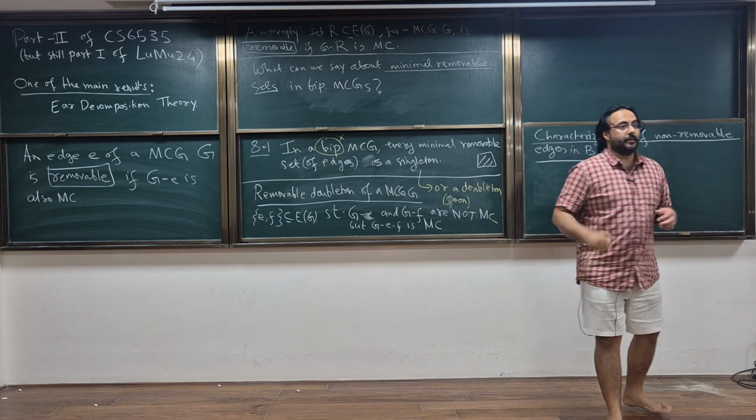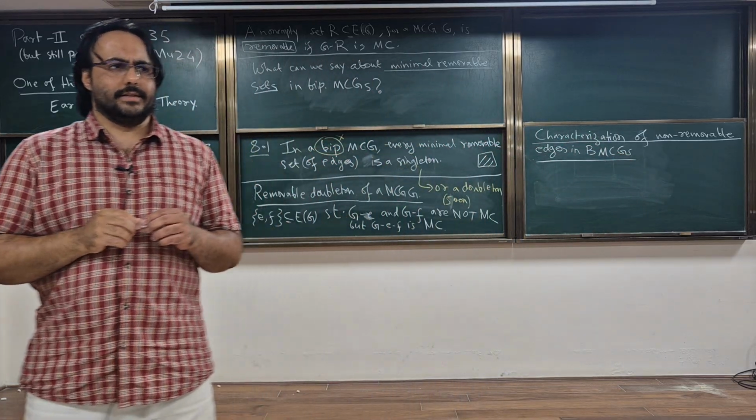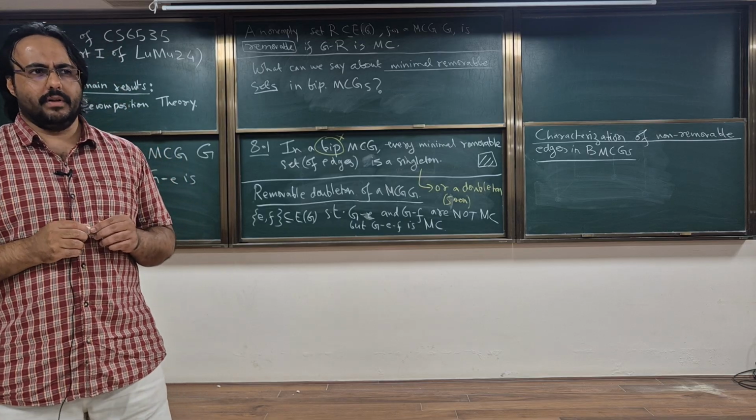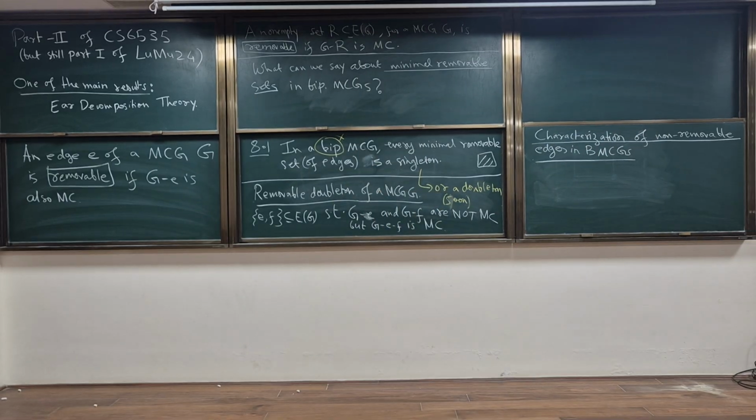Can you try it yourself? Can you try to figure out what non-removable edges in bipartite matching covered graphs would look like? See if you can make one example. Don't give me cycles, that's very easy. Give me something more complicated, right?